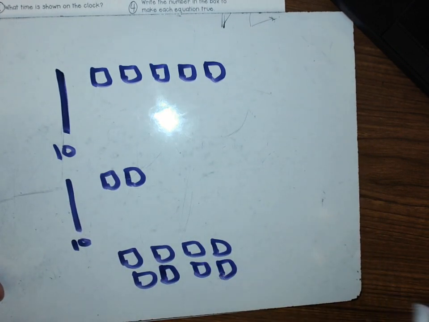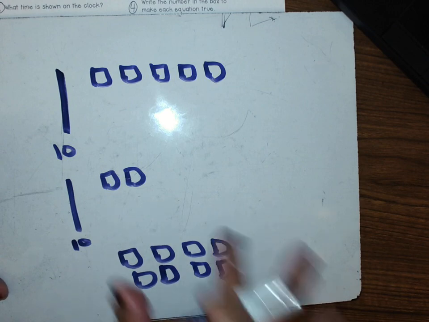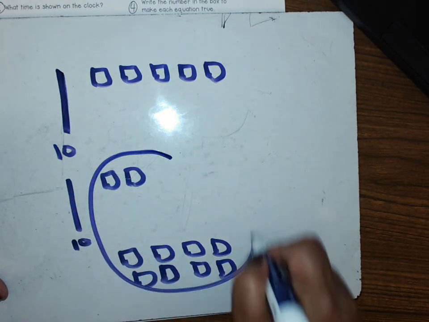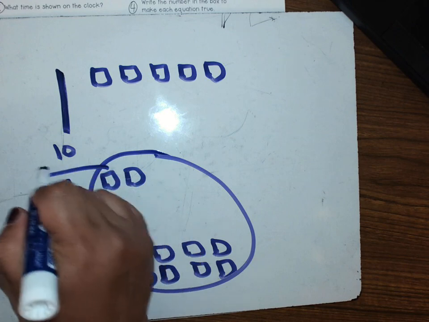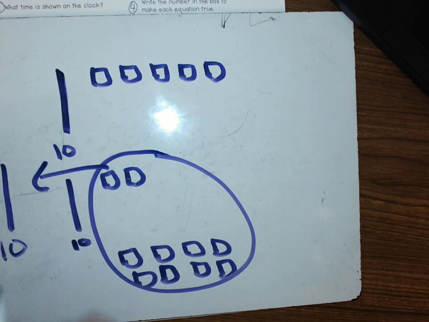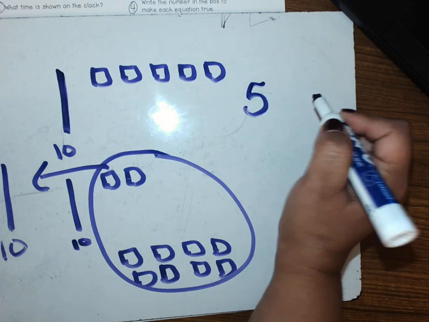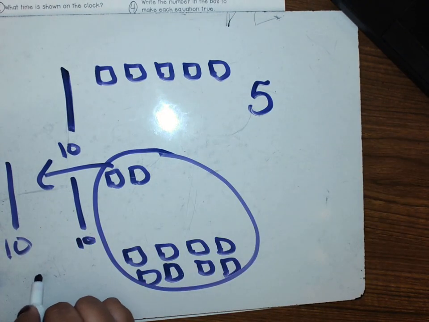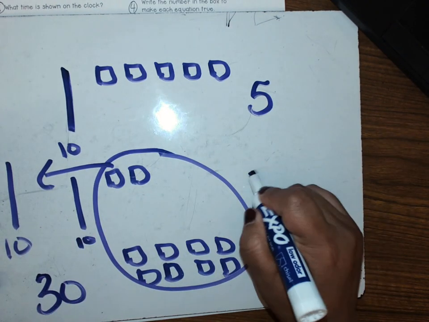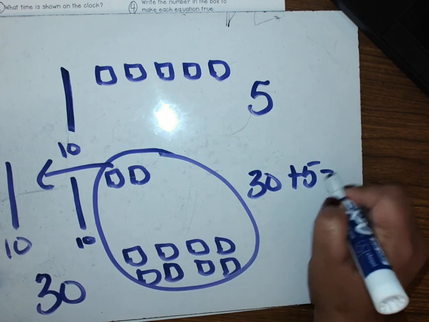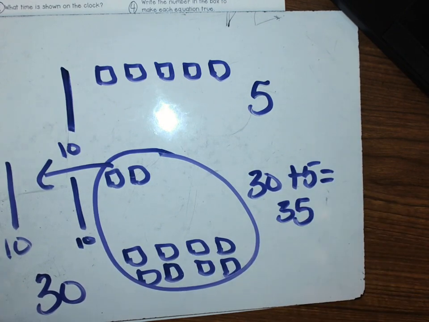I know this 8 plus this make a 10. So I'm going to regroup 10 over here. And I have 5 ones left over here. And I now have 3 tens here, which gives me 30. So 30 plus 5 equals 35. So those are the 3 different ways you can answer that question.